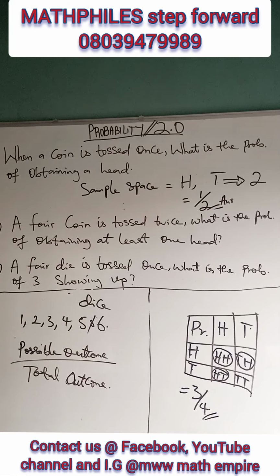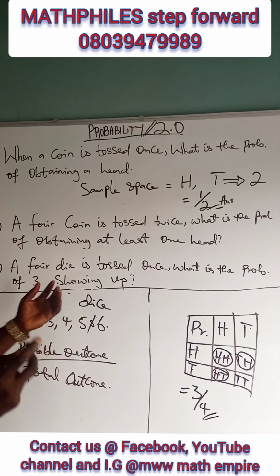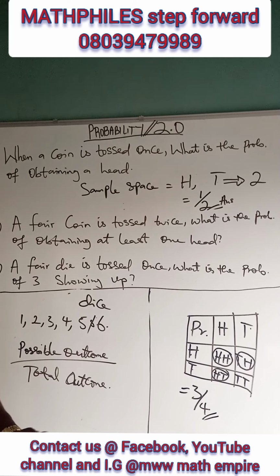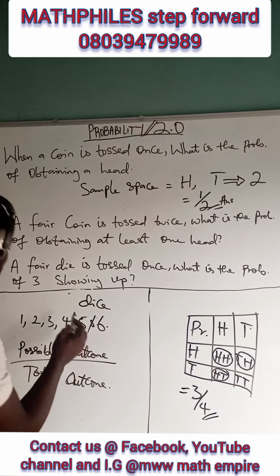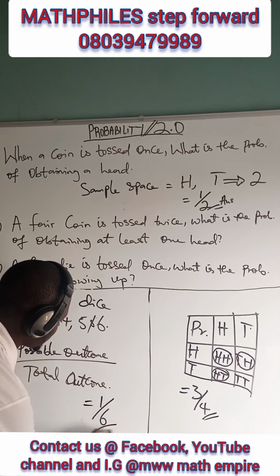No, don't look at it in that way. You only count it as a digit. You can only obtain 3 once, even though there are so many chances of obtaining 3. So it is 1 all over 6.